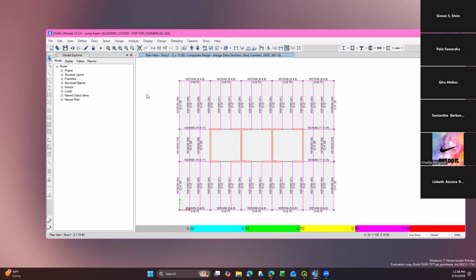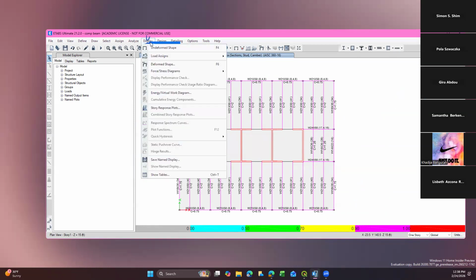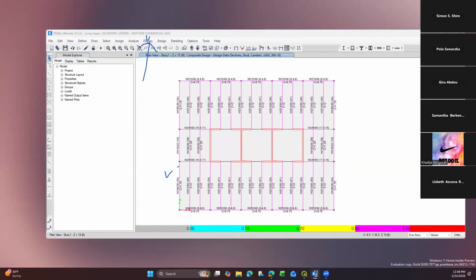All right. So here, since we have 10 minutes, let me show you something you're going to need. After this, we need to pull out the steel tonnage. Excuse me. Go to display, go to show table. So let's see.